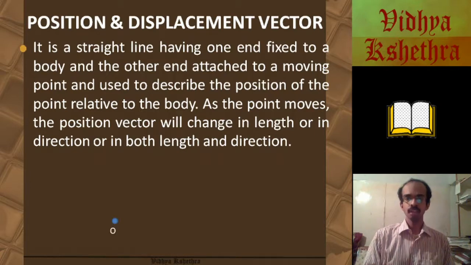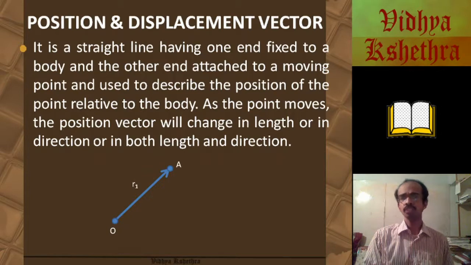Here in this figure, let us consider O as the reference point and A is the first position of the body. So, the position vector with respect to O is OA, which has a magnitude of R1.